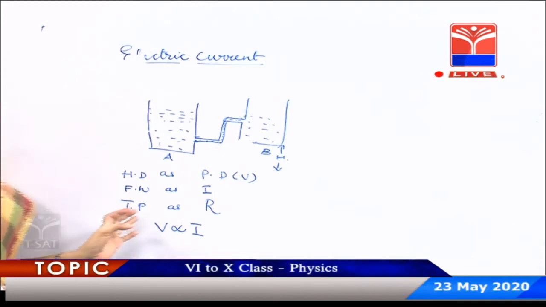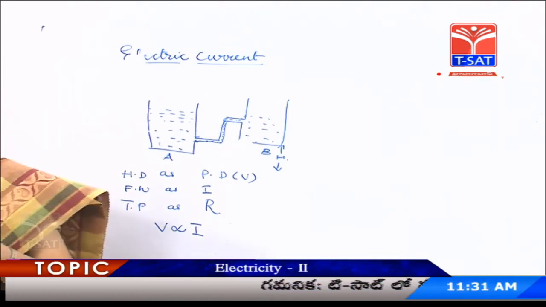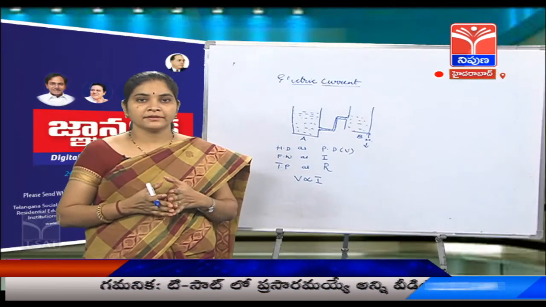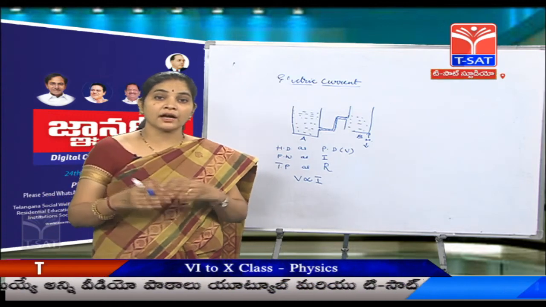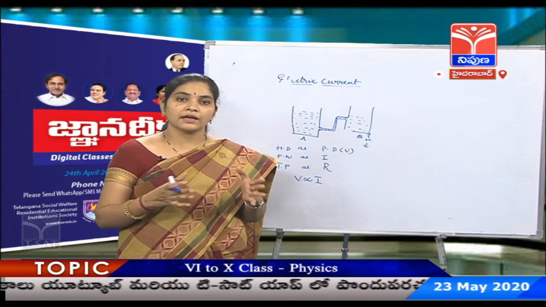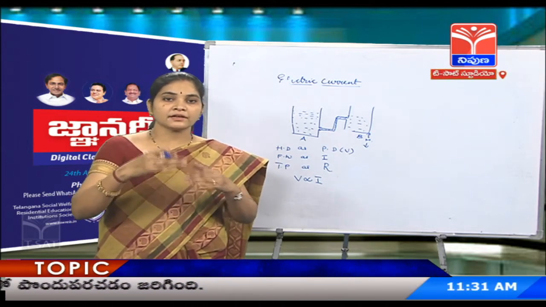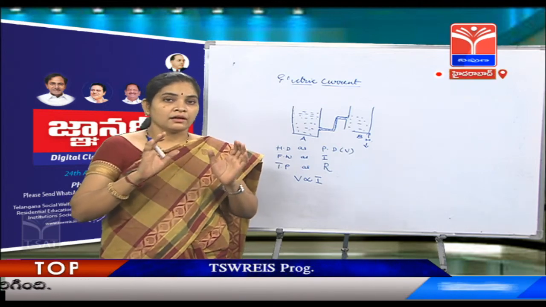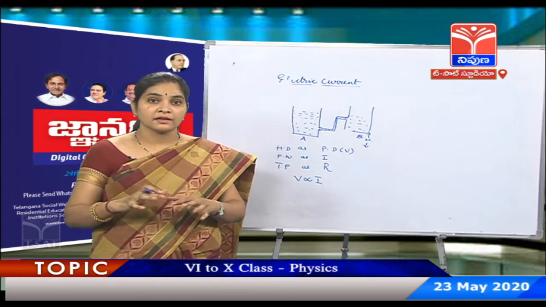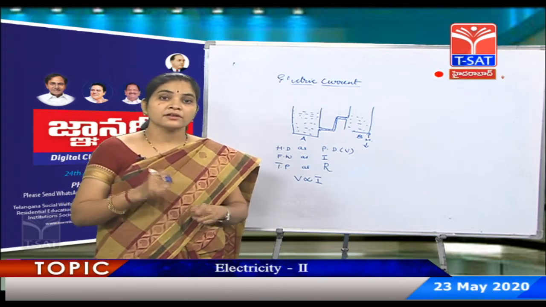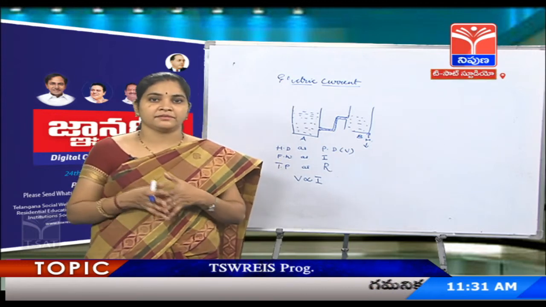So, we can state Ohm's law as, you can see in the slide, at constant temperature, potential difference across the conductor is directly proportional to the electric current passing through it. You can see, children, in the slide, the potential difference is pushing the electrons, whereas resistance is opposing that movement of electrons in the conductor.